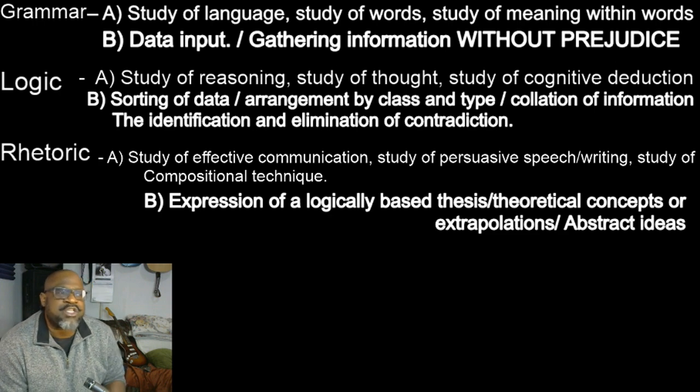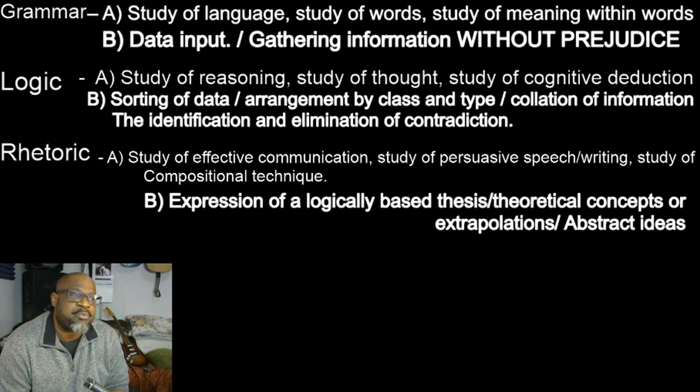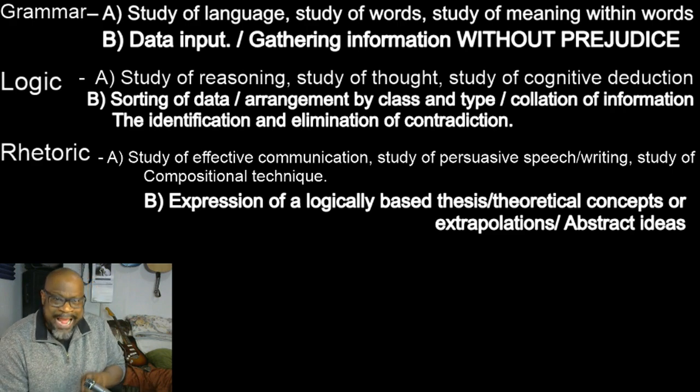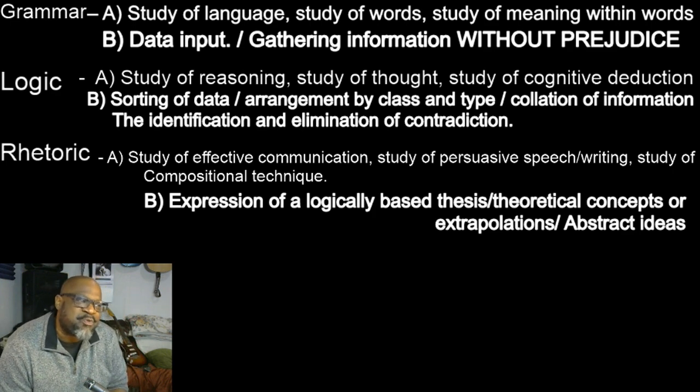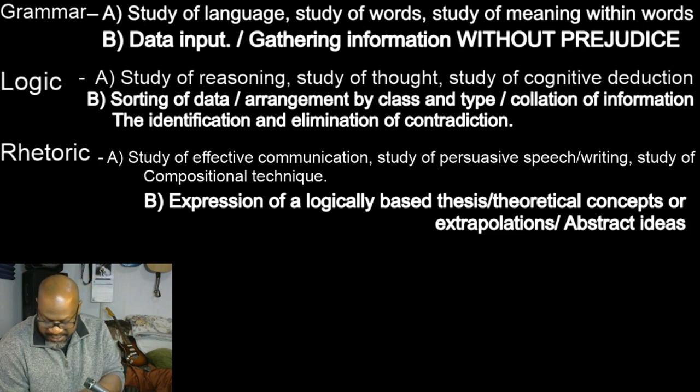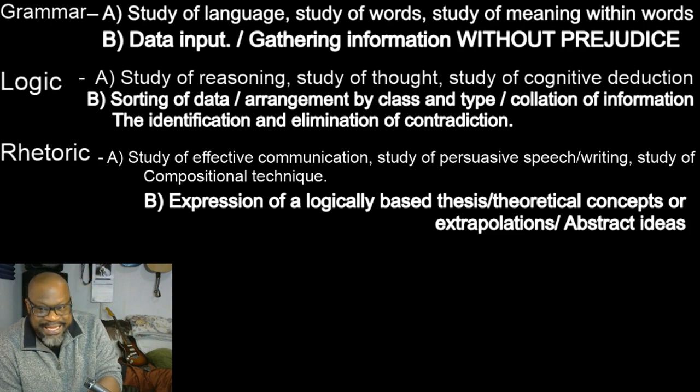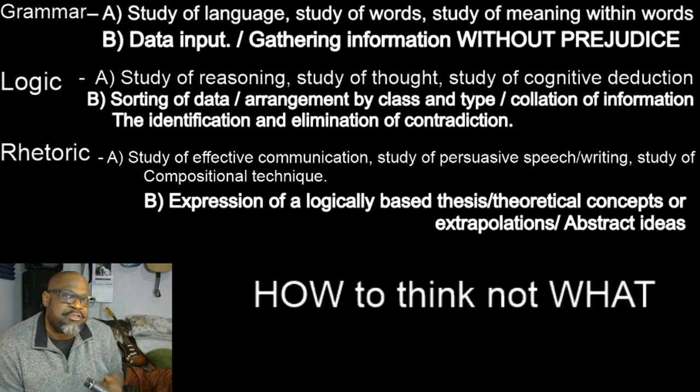It is only once we have collected data without emotional prejudice, analyzed said data with detail to type and class in contradiction, something we often see omitted in apples and oranges comparisons (you see, they're not the same thing), that we are finally able to express a logical thesis to others or even ourselves. This is the how. And this is also specifically how to think, not necessarily what to think at all.